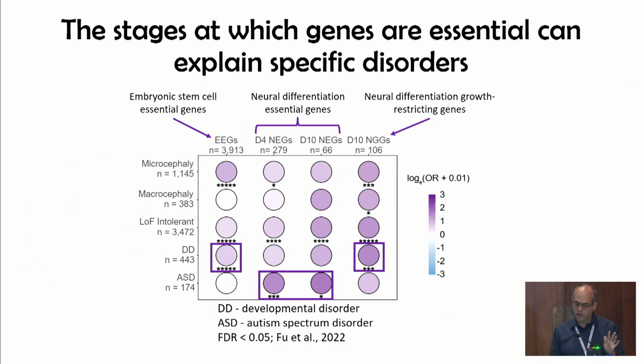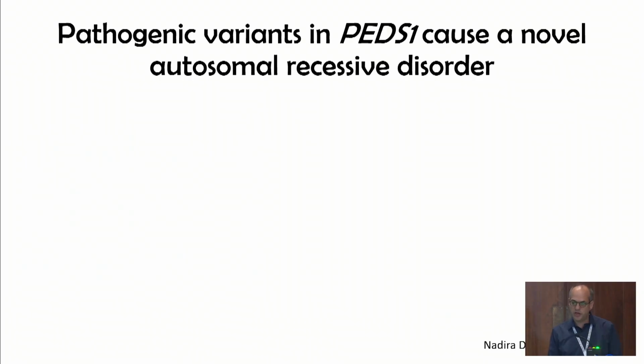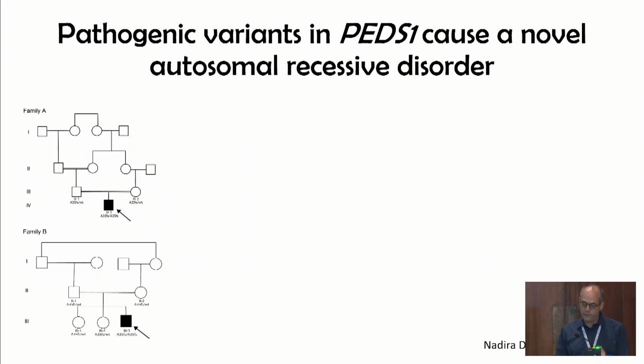But in the end, we decided to focus on just one of them, which is PEDS1. And we show that pathogenic variants in PEDS1 cause a novel, undescribed autosomal recessive disorder. We did it in work with Nadira Damesh and Tamar Arel. We managed to identify 2 families, families with consanguinity, whose inheritance patterns match a recessive inheritance.